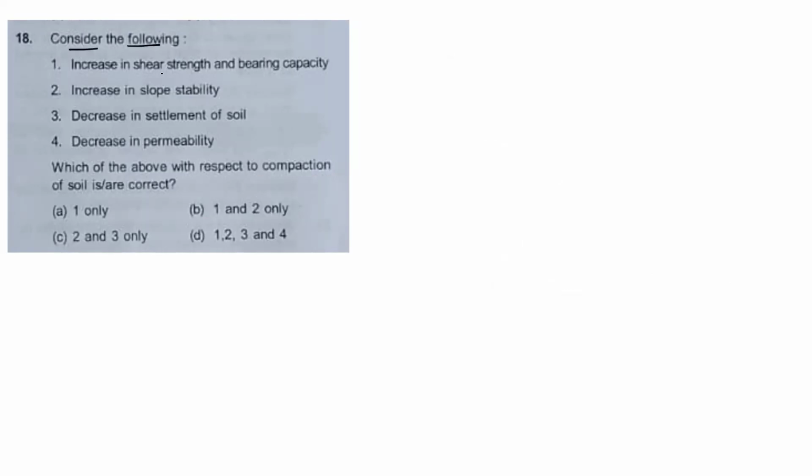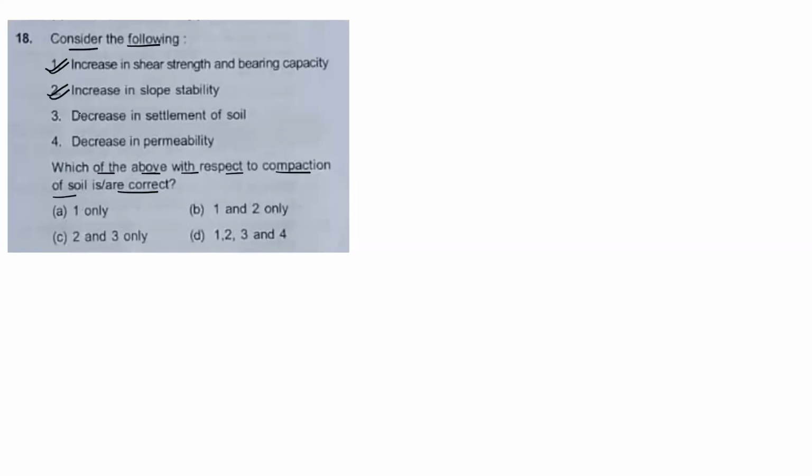Consider the following: increase in shear strength and bearing capacity. Which of the above with respect to compaction of soil is/are correct? If we do compaction on soil, there is increase in shear strength and bearing capacity. Yes, this is true. Increase in slope stability.